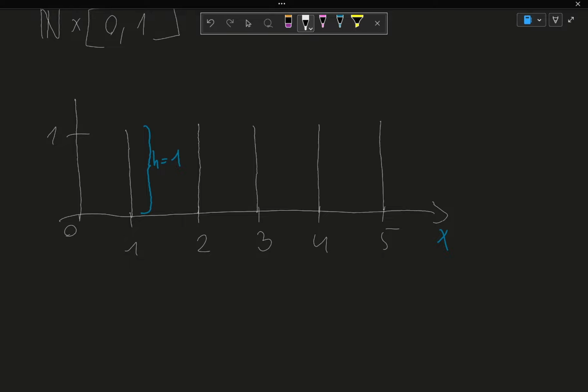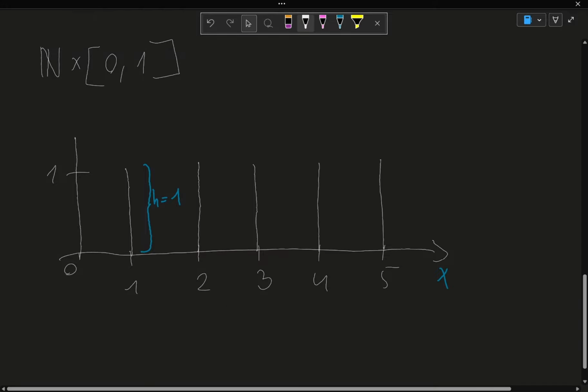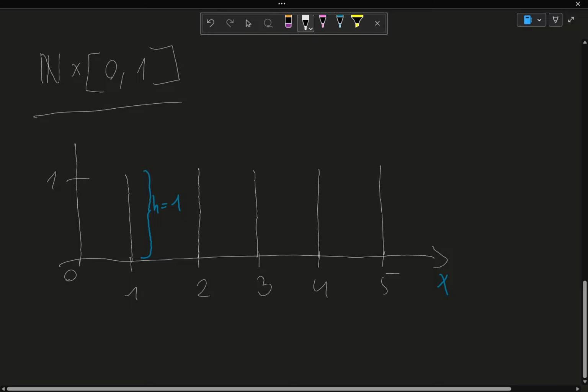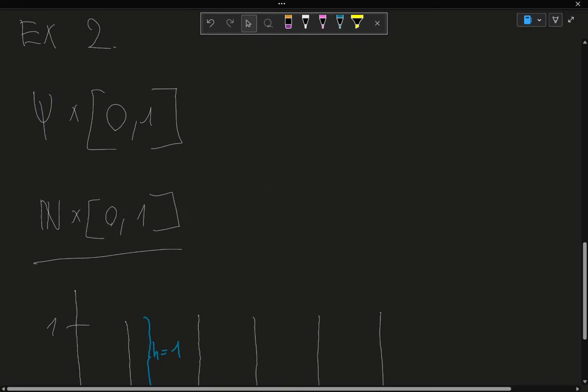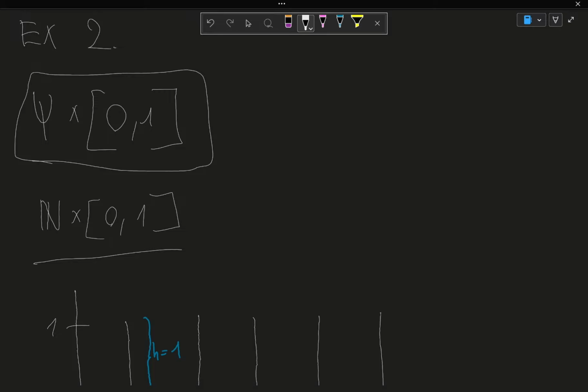So the area would be given like height times base, and if the base is 0, everything would be 0. So my assumption is that the following right here is Jordan null. So we will just assume that this here is Jordan null. It's just for intuition. We want some idea what it could be.